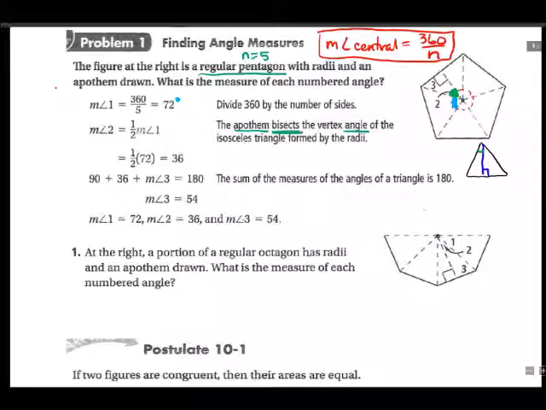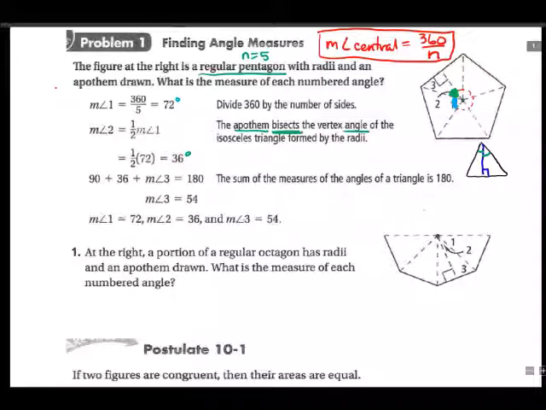So these two are congruent. We want one of those two. So to find that, it is half of the central angle. So we take our central angle, divide it by 2, because bisect, and we find that that is 36 degrees.